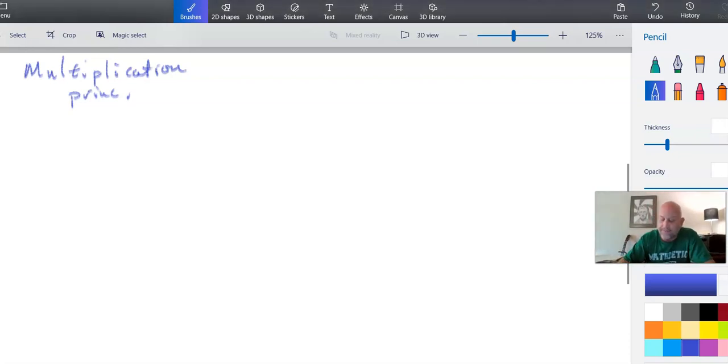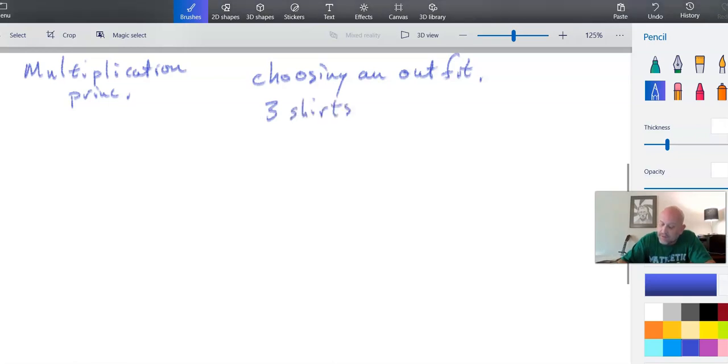So let's say we're choosing an outfit to wear. We have 3 shirts to choose from, and there's 4 pairs of pants. Right?